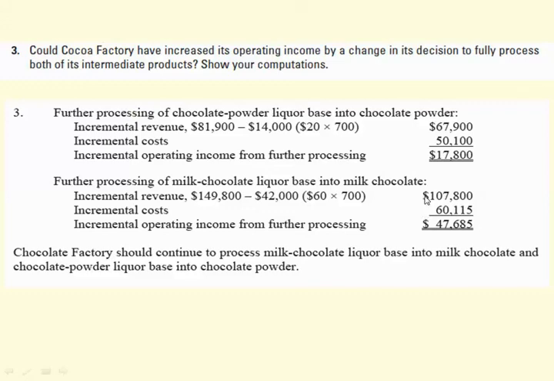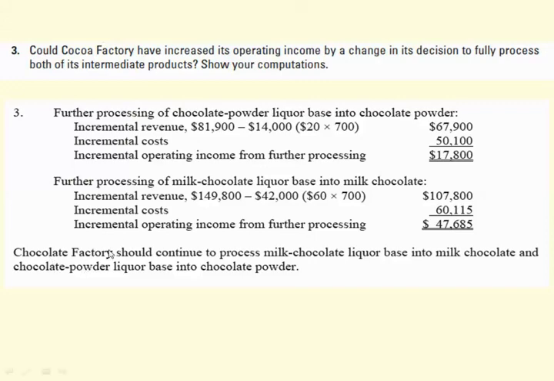So incremental revenues 107,800 minus only 60,115 incremental cost will result in incremental operating income from further processing of 47,685. So it's also better to further process our second intermediate product to reach the second final product.